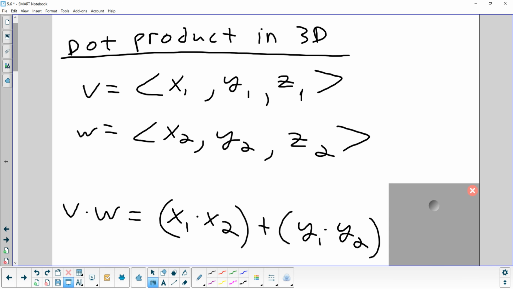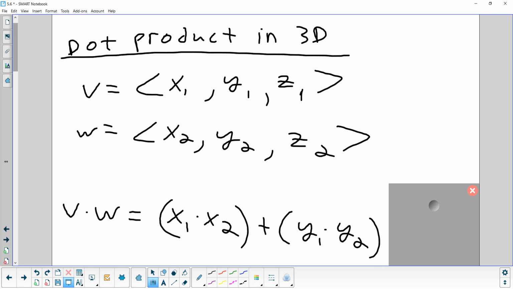And if we were doing a 2-dimensional dot product, you're done. Multiply the X's together, multiply the Y's together, add them up. There's your answer. One more thing. What do you think is going to be the last thing you need to put to make this formula 3D? Z1 times Z2. And what's going to go right before it?